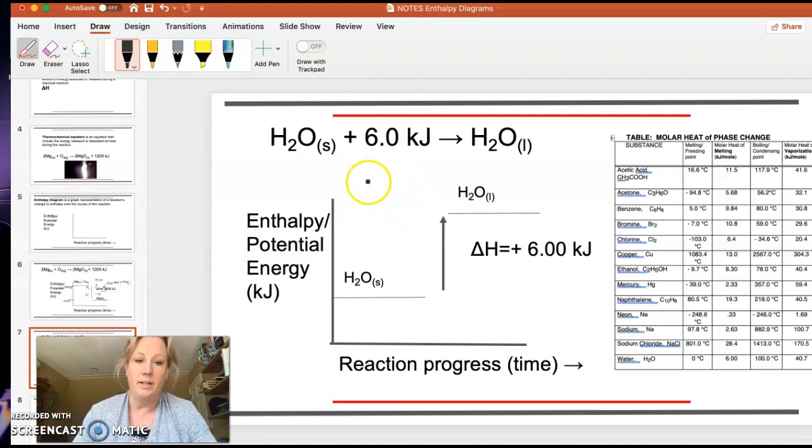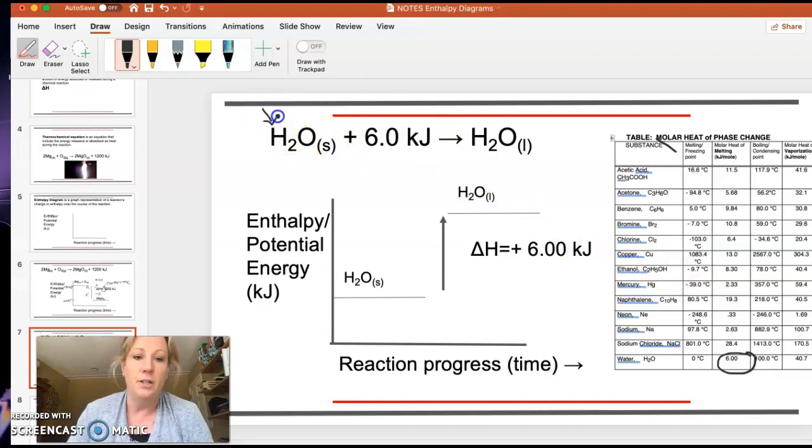I want to give you an example of an endothermic process. So this is just regular old ice, solid water melting, and we know from our thermodynamic data that there are 6 kilojoules of energy required to melt 1 mole of solid ice to liquid water.